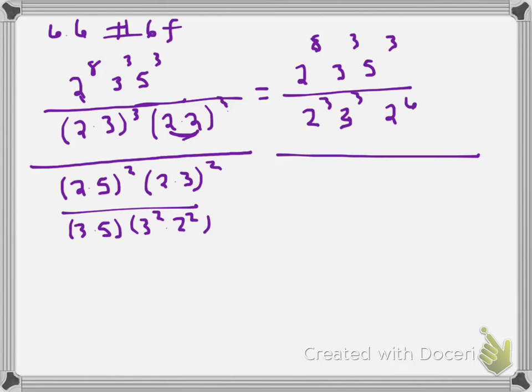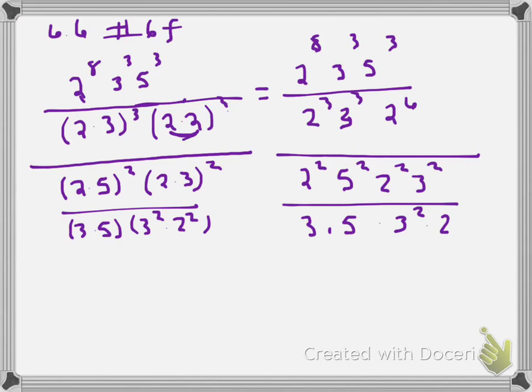So I have 2 squared, 5 squared, 2 squared, 3 squared, divided by 3 times 5 times 3 squared times 2 squared. So I know this is the big fraction line.